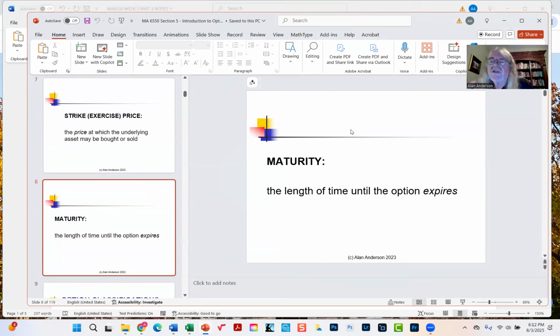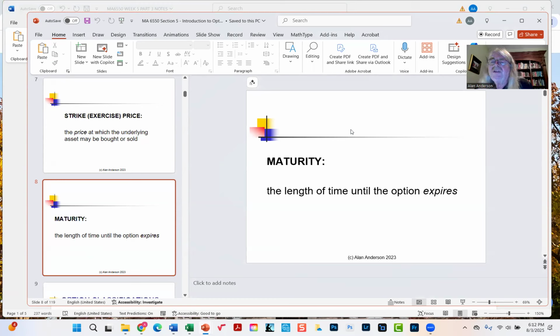They don't last forever. Unlike a stock, which in principle lasts forever or until the corporation goes out of business, an option, future, or forward all have a specific time until they expire or mature. And after that, they're worthless.